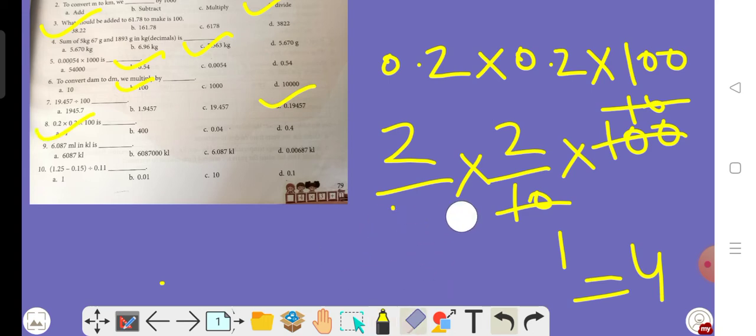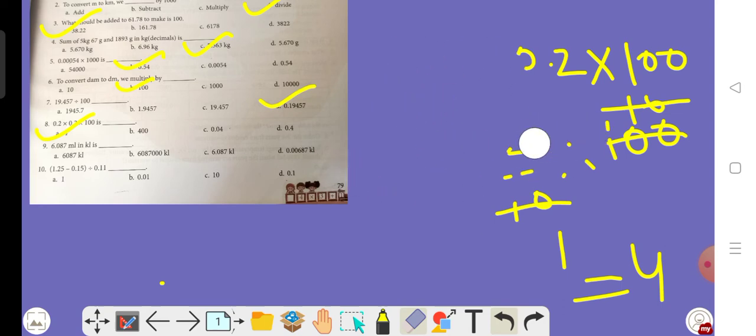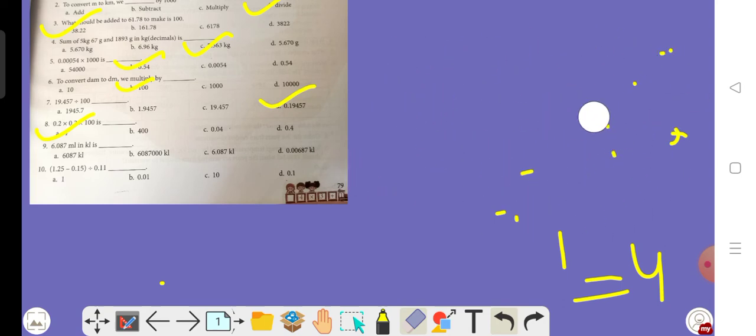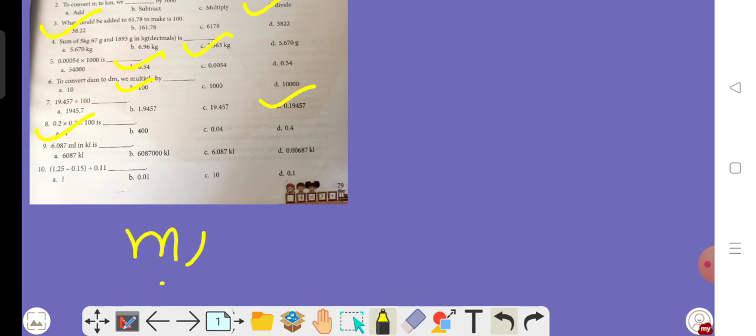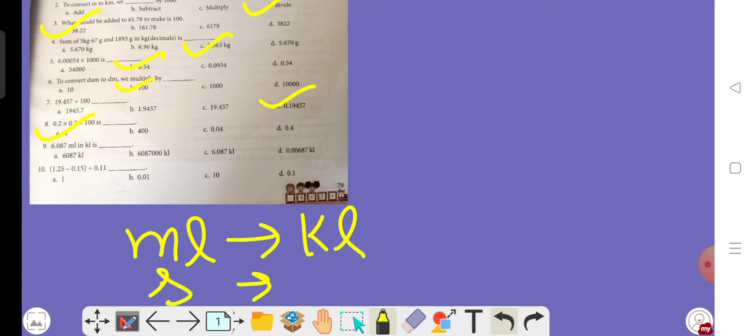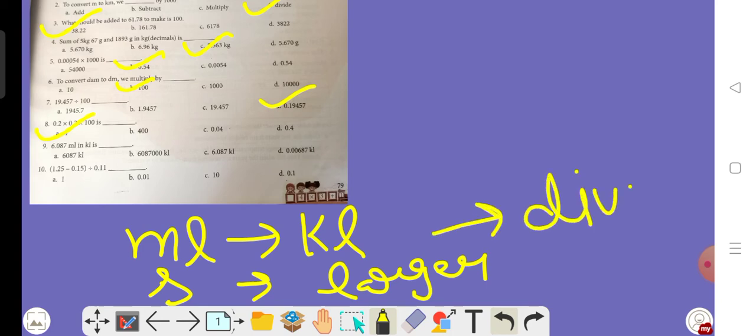Now look at question number 9. 6.087 milliliter in kiloliter. Firstly, you have to convert milliliter to kiloliter. Smaller to larger. This means beta you have to do the division.